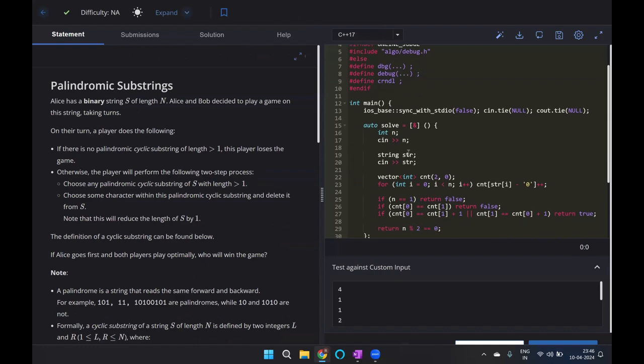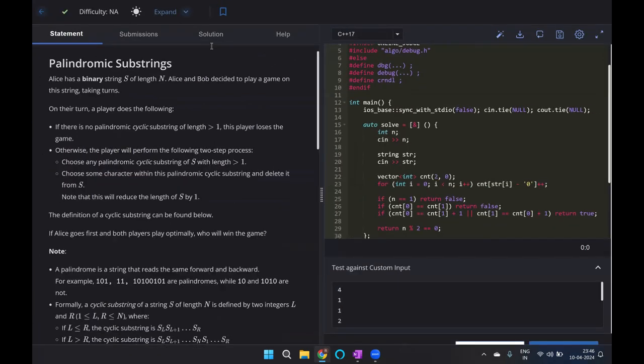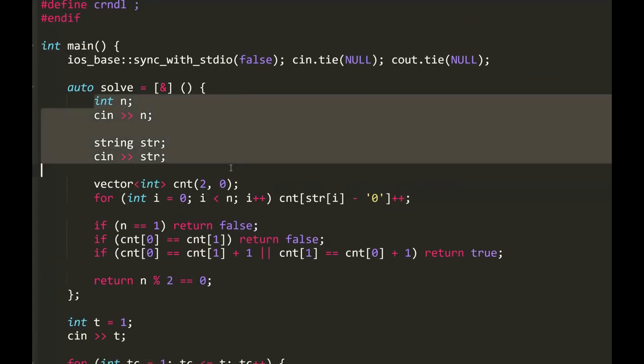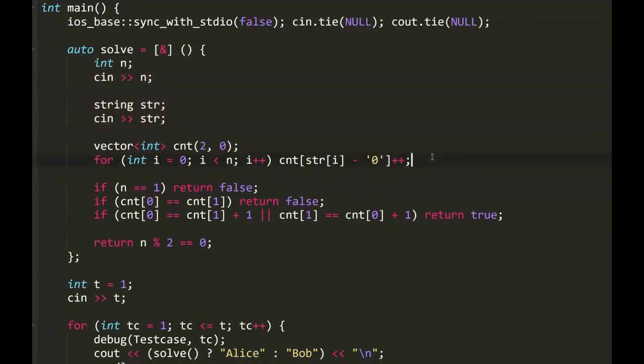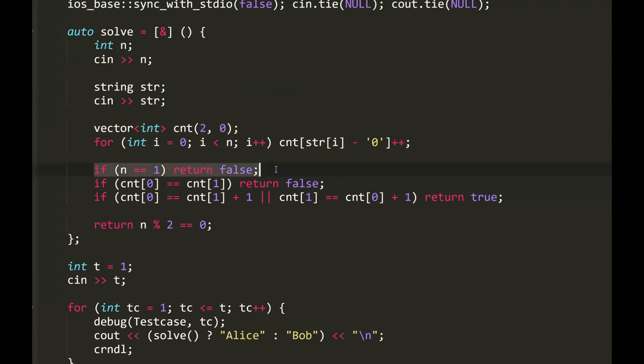So what I did is, let me just full screen it. First of all, I took the inputs. Then I calculated the frequency of both the characters in the string. In case n was equal to 1, you are already lost. You can't really do anything. For anything above n equal to 2, if the count of both the characters were equal, then the player was losing.